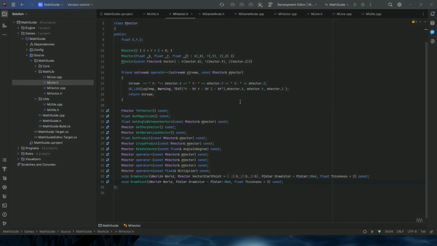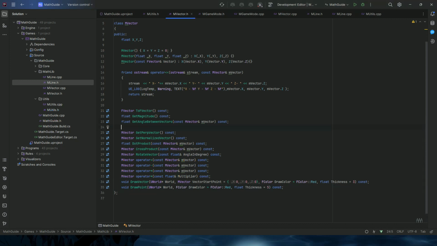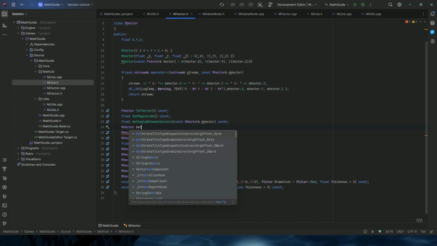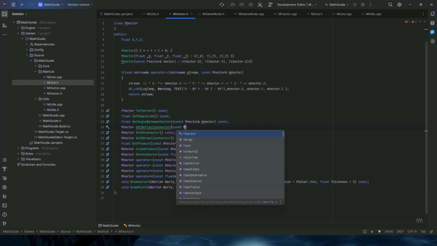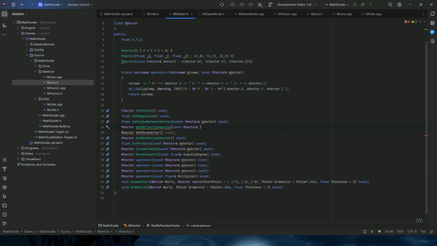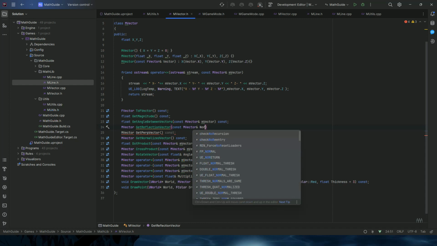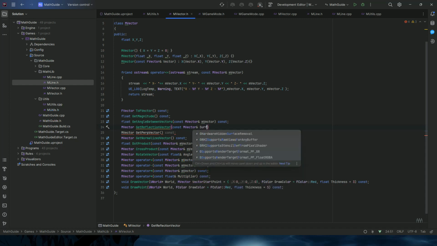So let's dig in. The resultant will be the m vector itself. So m vector, get reflection vector, const m vector, and it will be the normal surface normal.